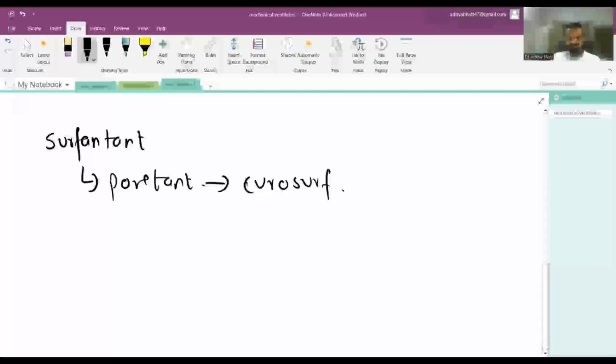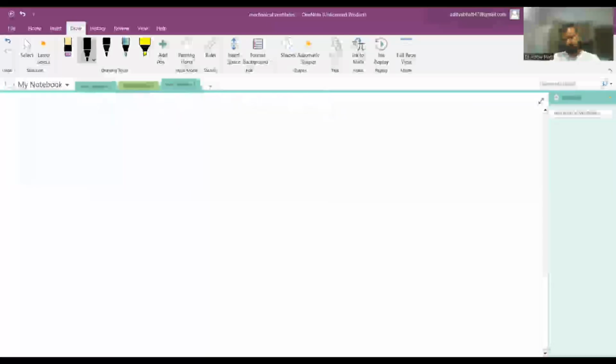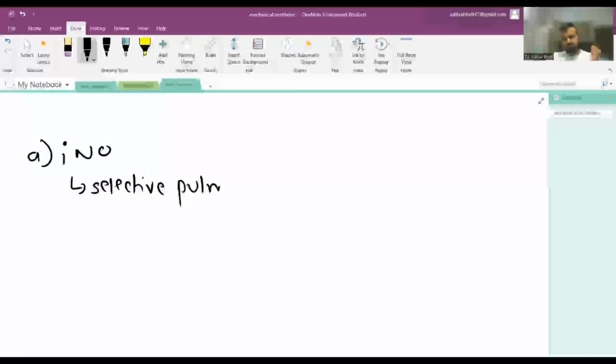Next is the pulmonary vasodilator therapy. Now this is a very important part. First and the most important and the most efficacious pulmonary vasodilator is iNO, and it is the only FDA approved therapy for PPHN. Rest all are not approved. It is a selective pulmonary vasodilator.